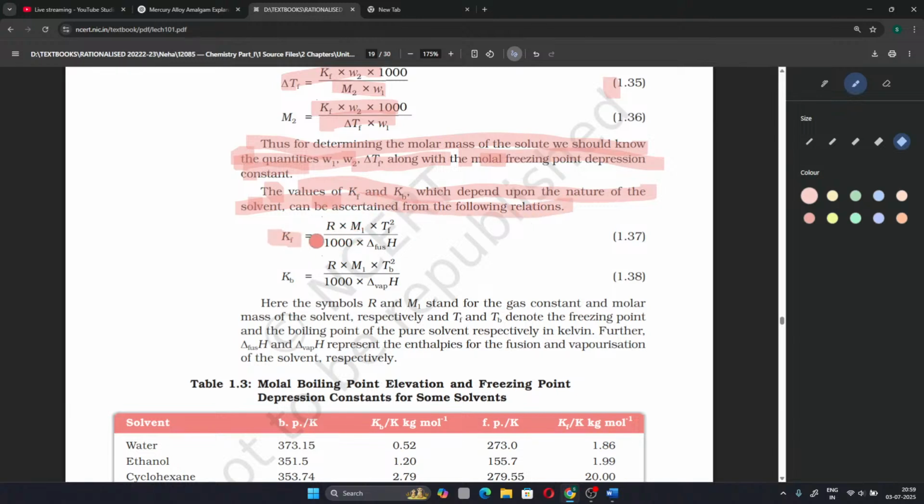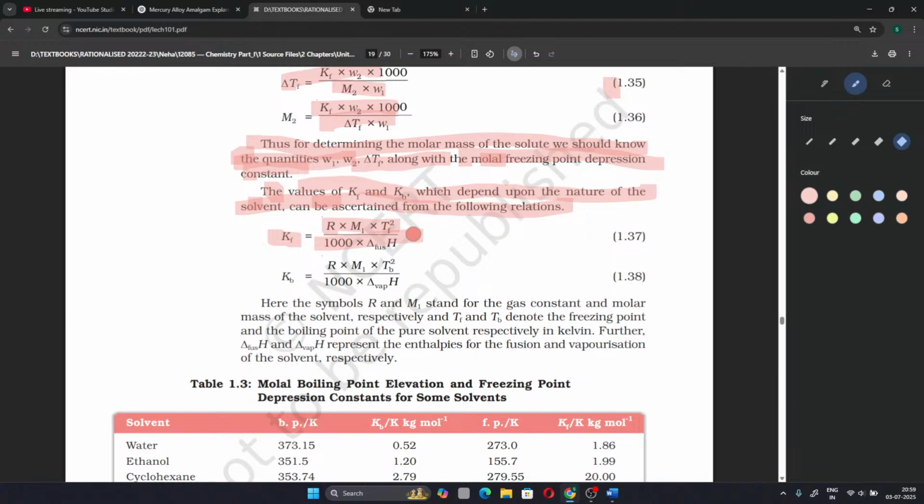This is the relation to find the Kf value, where R is the gas constant, M1 is the molecular mass of the solvent, and because it depends on the solvent itself, Kf and Kb depend on the nature of the solvent.